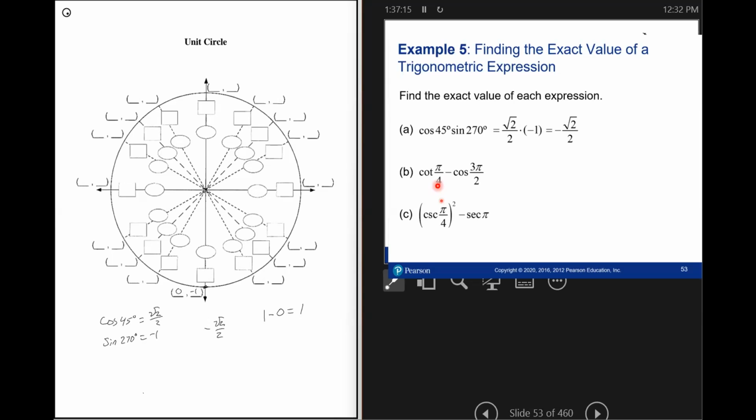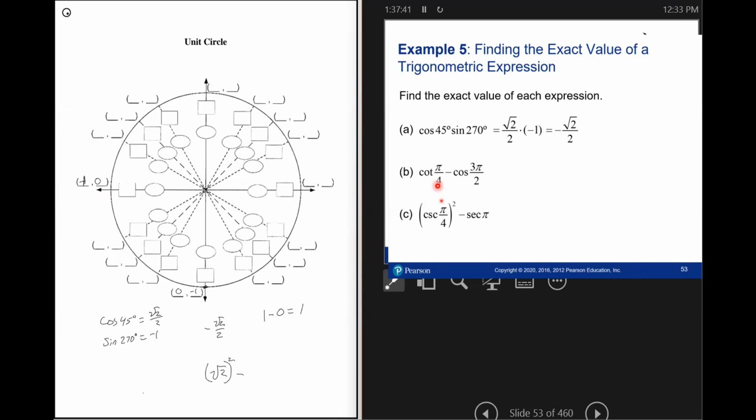And we already found out that the cosecant of pi over 4 is the square root of 2. Okay. And we're going to square the square root of 2. All right. And the secant of pi, well, pi is over here, 0, -1, 0.